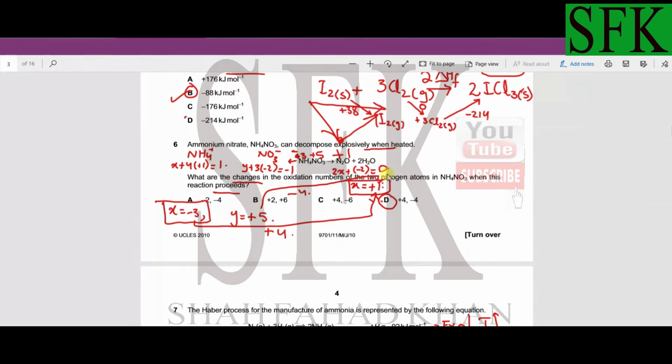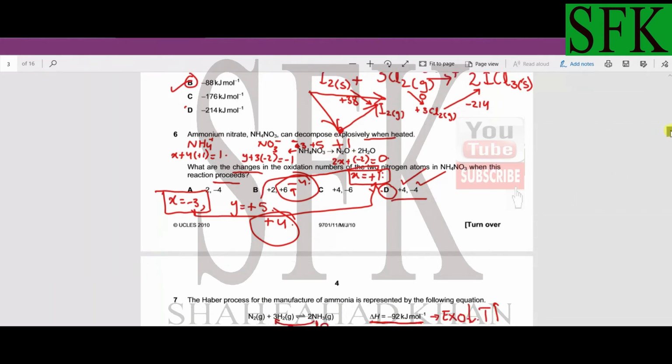Going from +5 to +1, we have decreased by 4, so -4 is the change in the second nitrogen. And what about the first nitrogen? We are going from -3 to +1, we have increased by 4, so +4 is the change for the first nitrogen, from ammonium's nitrogen to N2O's nitrogen. So +4 and -4 are the answers.